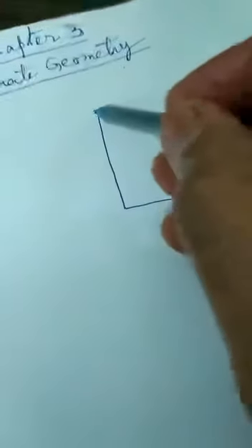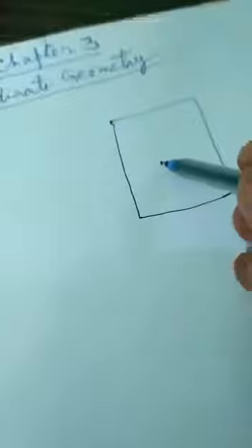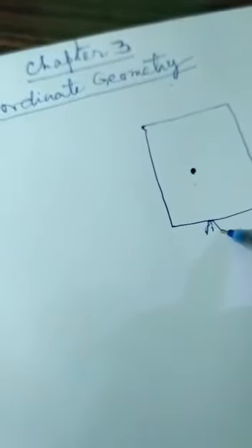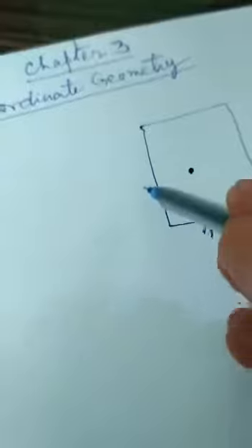Suppose this is a table, on which this is the point where the lamp is put. So what is the position of this lamp? You are sitting here, another person is sitting here.